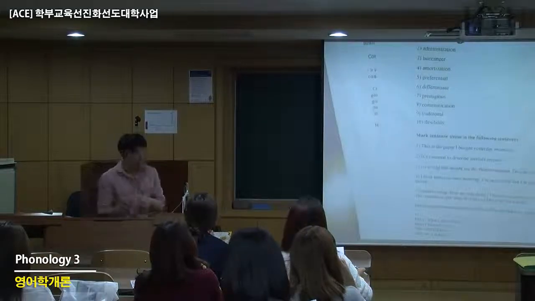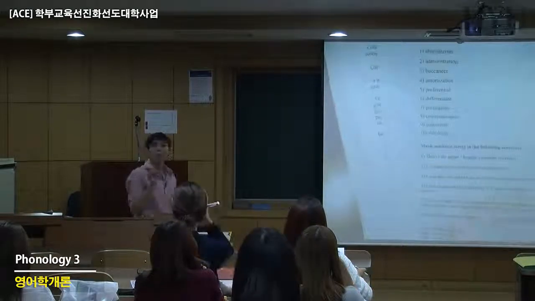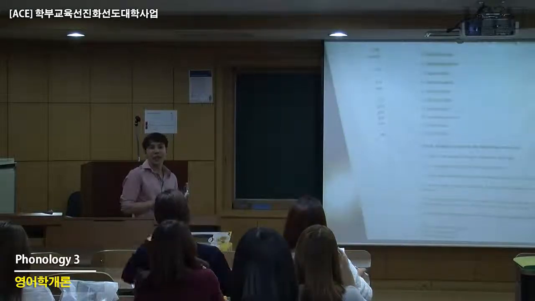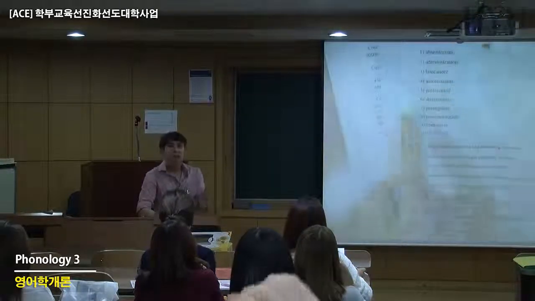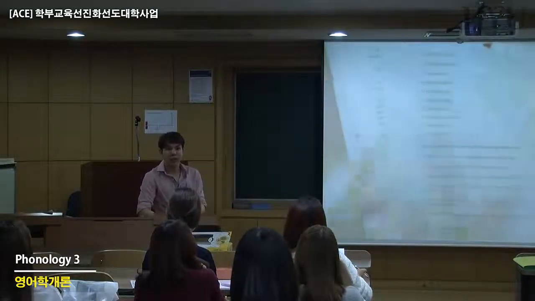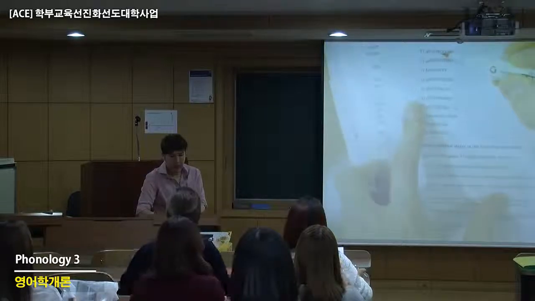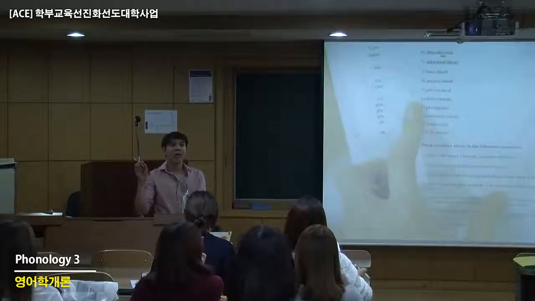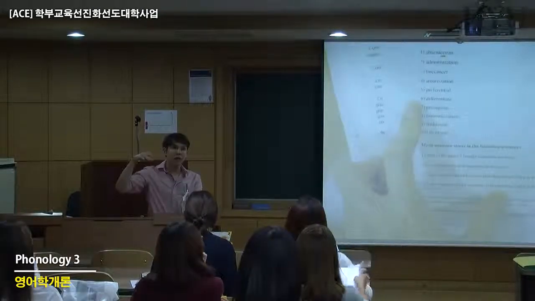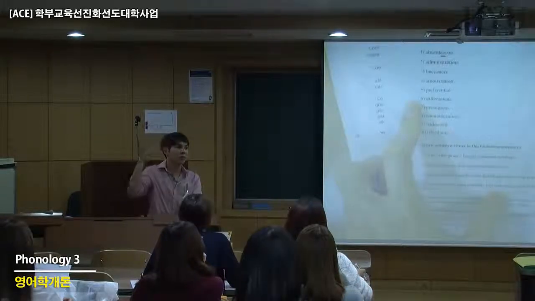So if you remember the observations that we did in class, some suffixes, right? Some suffixes like EE, like this. Some suffixes will have the stress before them, on them, or two syllables before them.